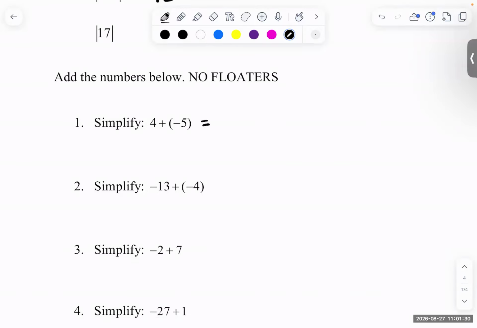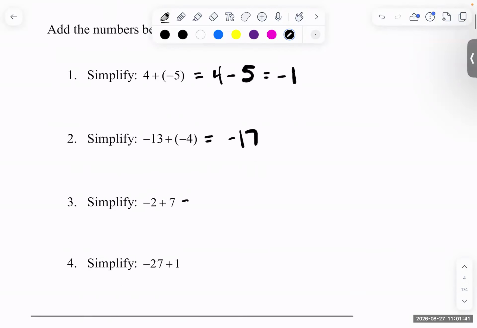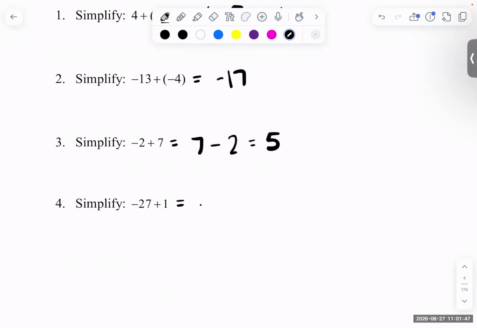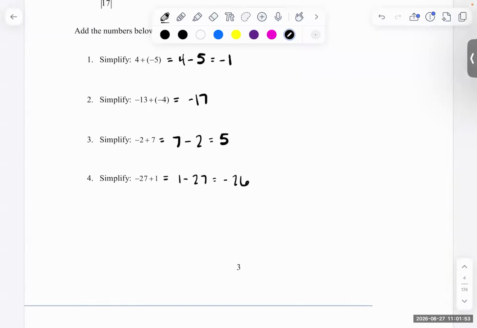Okay, so this basically is the same thing as 4 minus 5, which is -1. Again, we learned at the beginning, two negatives make it more negative. We can rewrite this as 7 minus 2, which is 5. And then this is the same thing as 1 minus 27, which is just -26.